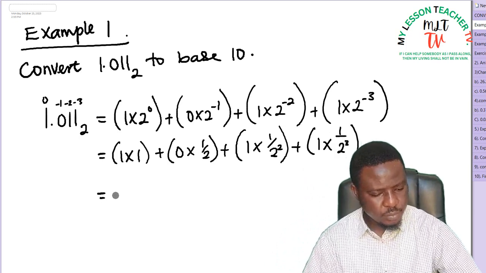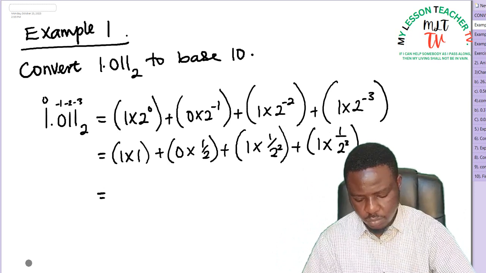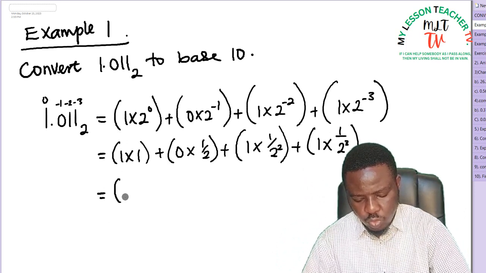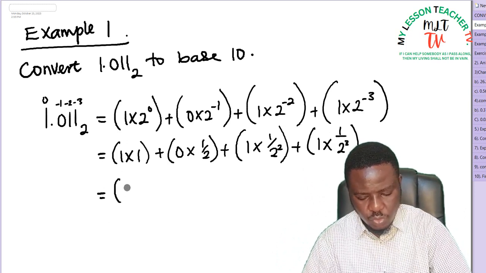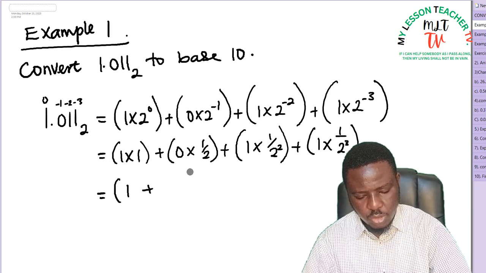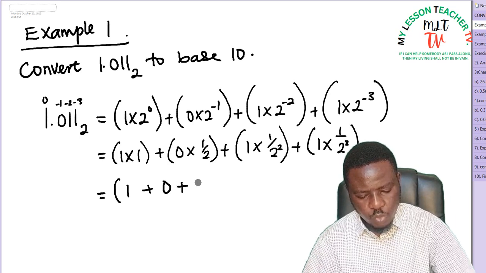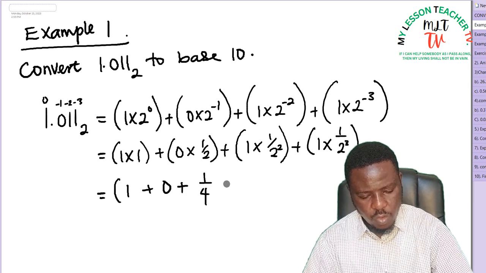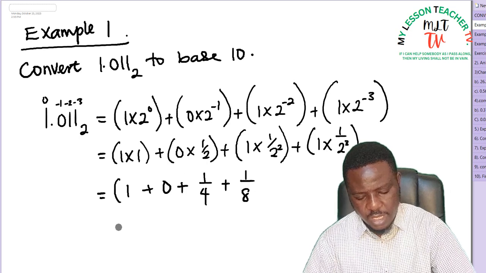Simplifying this further, this is equal to 1 times 1 is 1, plus 0 times half is 0, plus 1 over 4 times 1 is 1 over 4, plus 1 over 8.